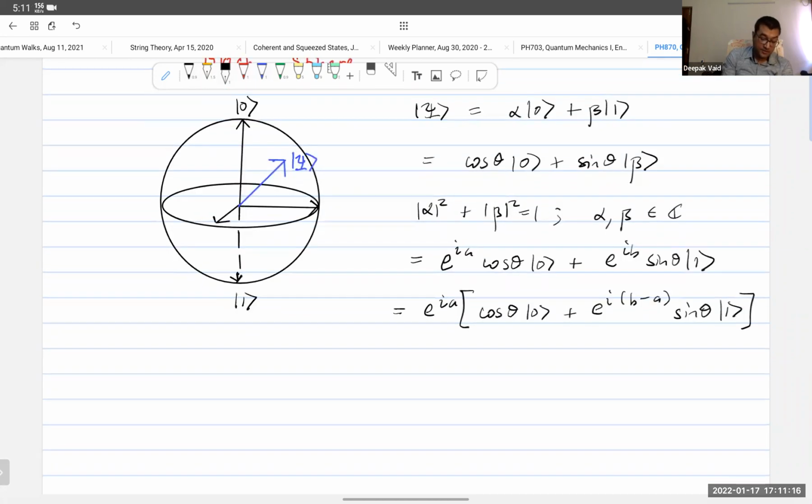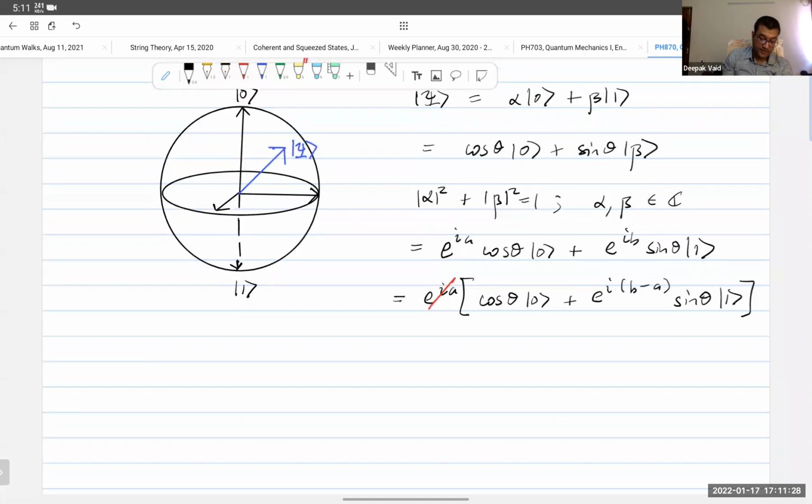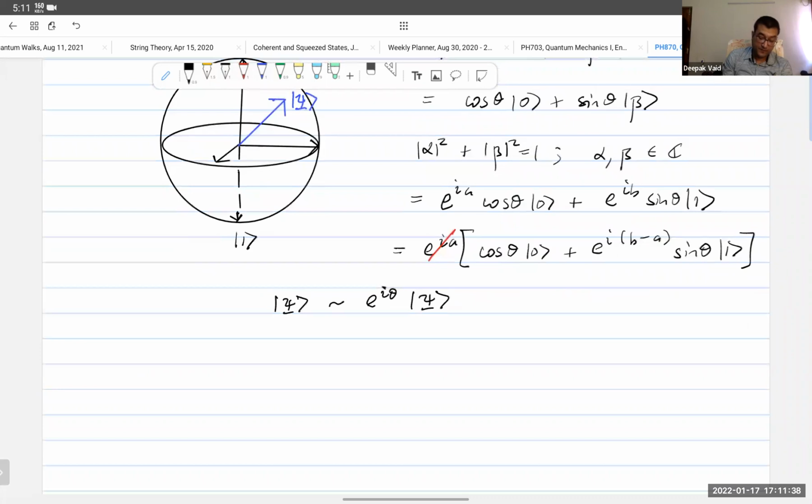And this phase we can always drop, because as I've told you before, wave function states are only defined up to a phase.